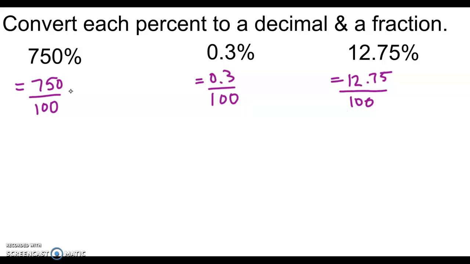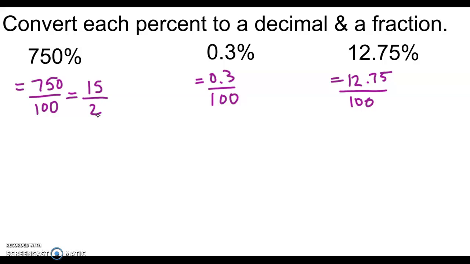Okay, here I can see that for sure 25 would go into this. Actually, I can see even 50 would go into this. So if we would divide 750 by 50, we get 15. And we divide 100 by 50, we get 2.